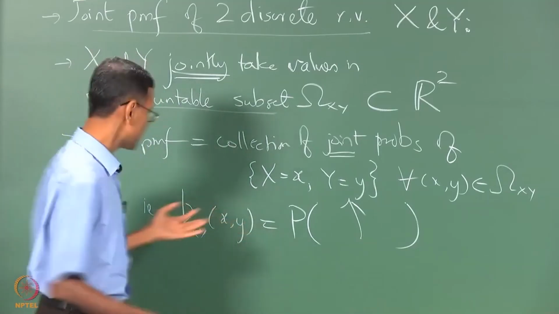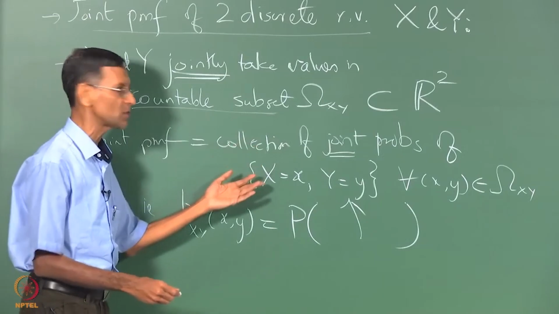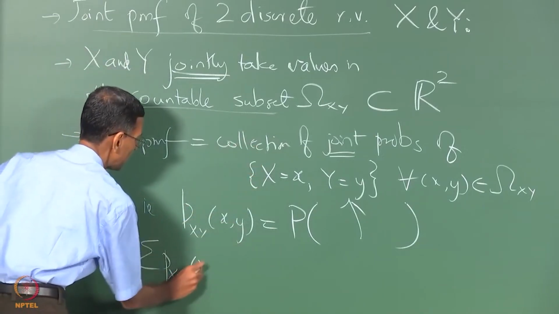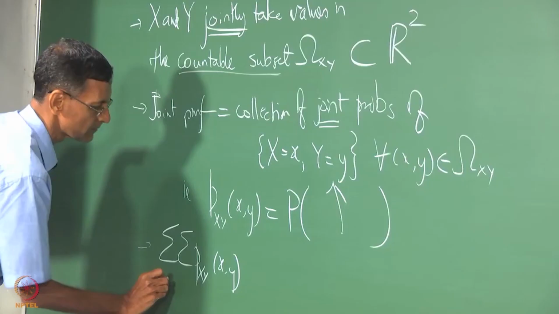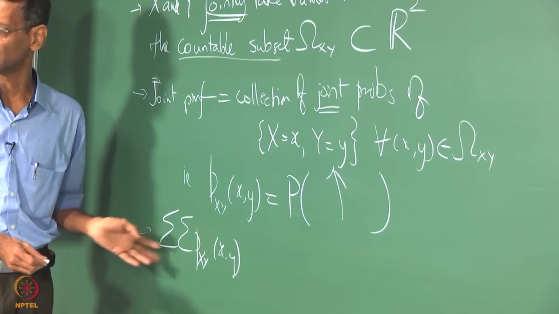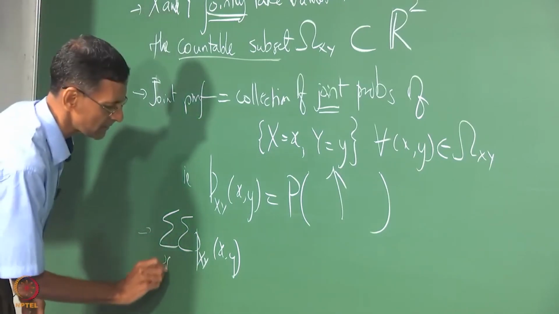So what are the properties of the joint PMF? It's basically a collection of joint probabilities. So the double summation over Omega of P_XY must be equal to 1, or a single summation, I do not know, maybe last week I wrote it as a single summation, but it is sometimes written as a double summation, it does not matter.